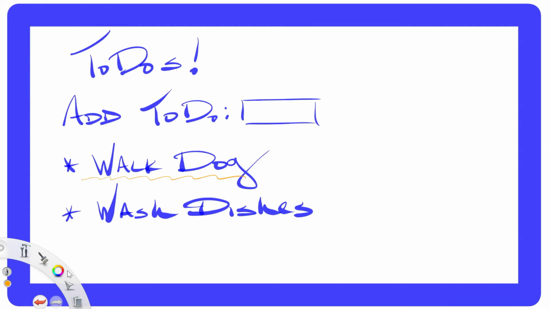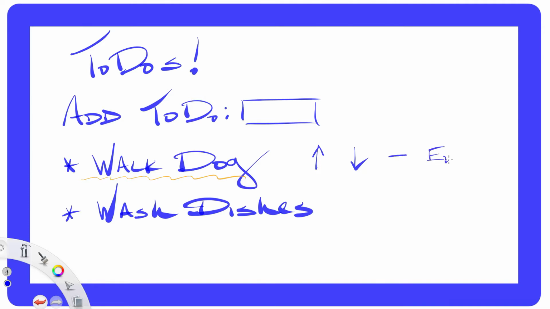Oh, you know what we need to do also is we need to fill out the UI. A couple things I want to add. I want to add the ability to move an item up in priority. So we'll have a button that allows us to move an item up, a button that allows us to move an item down. We can remove an item.